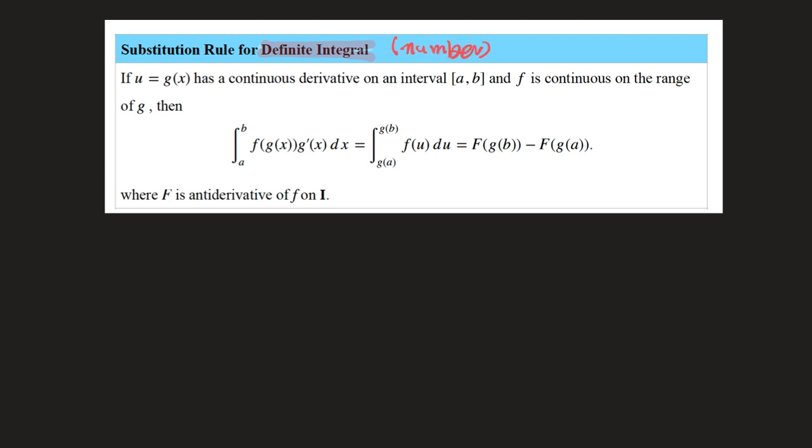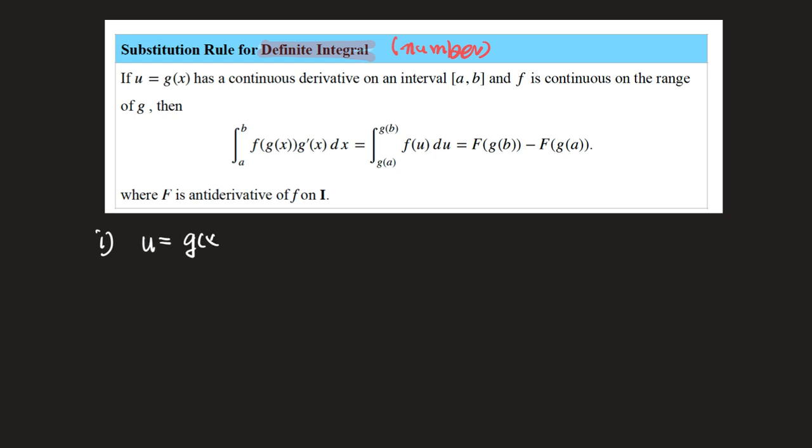You remember that? When you have numbers as bounds, it's a little different from the indefinite integral, so you have to be more careful. Here are the steps you should take when you use the substitution method.